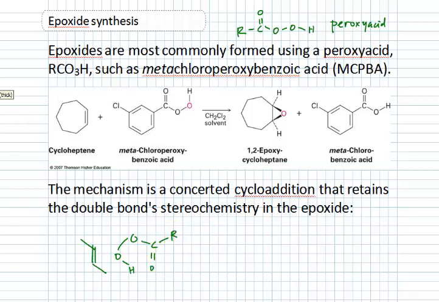So the cycloaddition works like this, where the carbonyl double bond attacks the hydrogen itself of the peroxy acid, and that pushes 2 electrons towards 1 carbon. The electrons of the double bond will attack the oxygen itself.